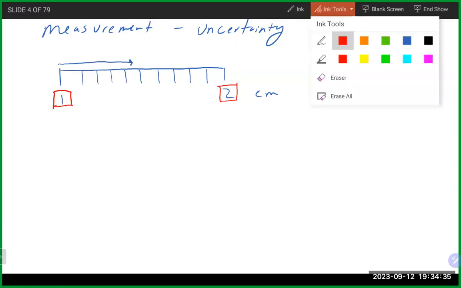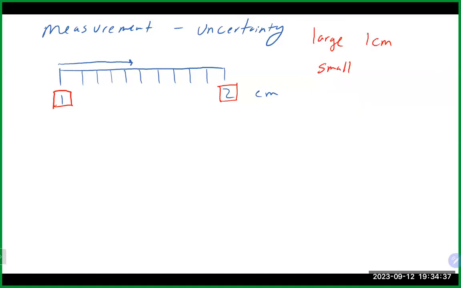We also want to count the number of small markings there are between the two larger markings. And we always want to start counting past the first large marking and stop at the next large marking. So we would count here: 1, 2, 3, 4, 5, 6, 7, 8, 9, and 10 markings between basically 1 centimeter.